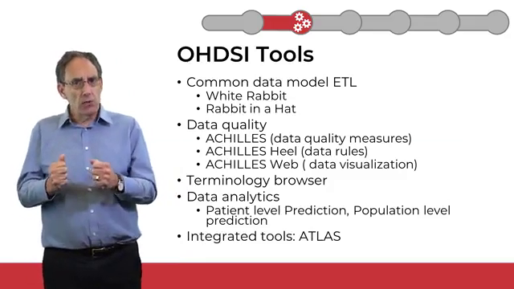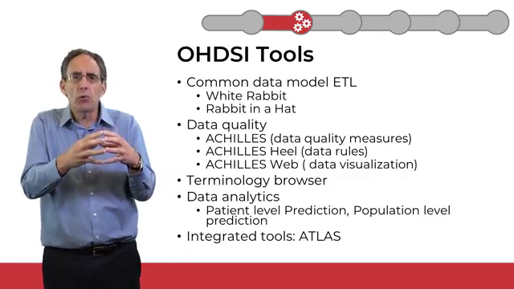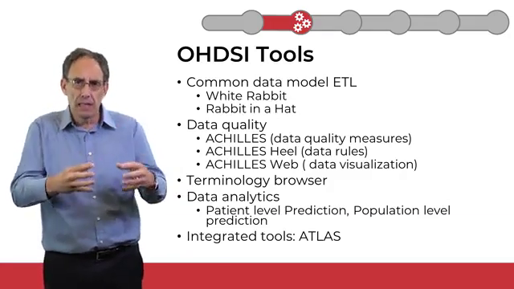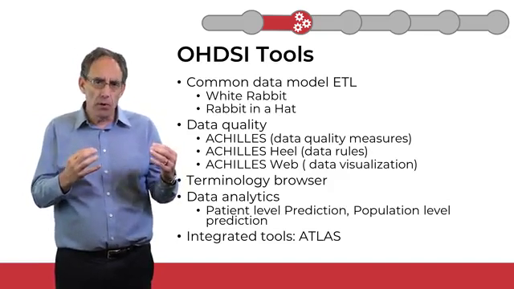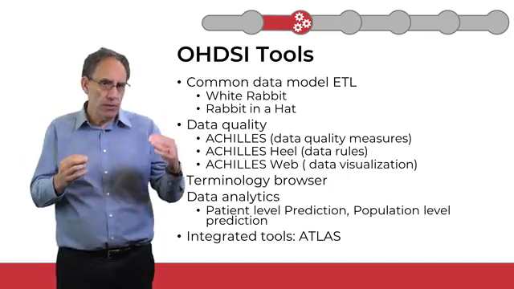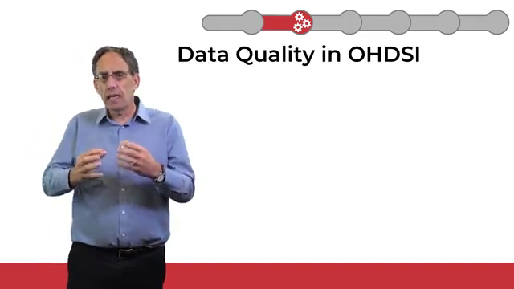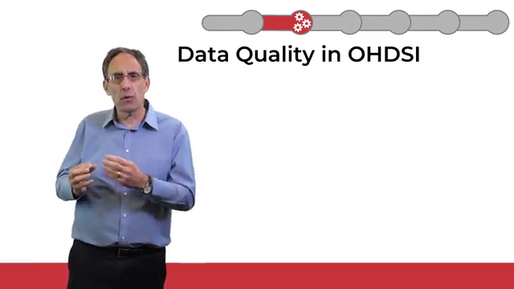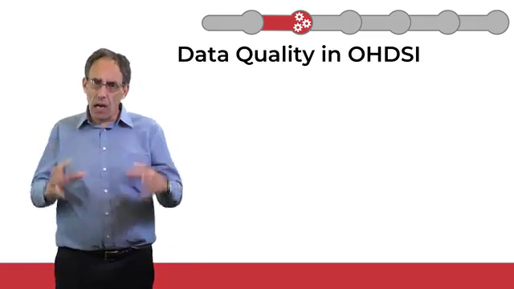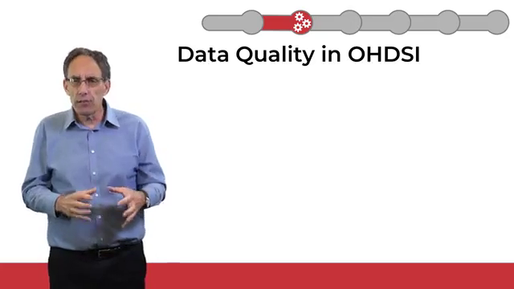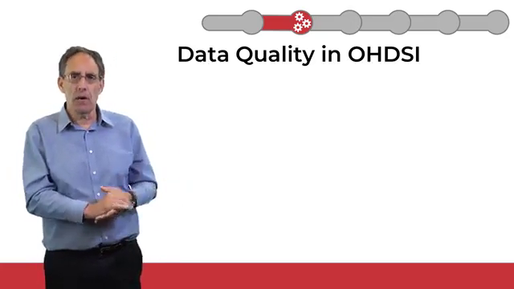Recently, OHDSI tools have been integrated into an overarching combined tool called Atlas that provides seamless access to all of the components that previously were separated. OHDSI has created the Achilles family of data quality tools that work together to provide a comprehensive environment for understanding data sets that conform to the OMOP Common Data Model.